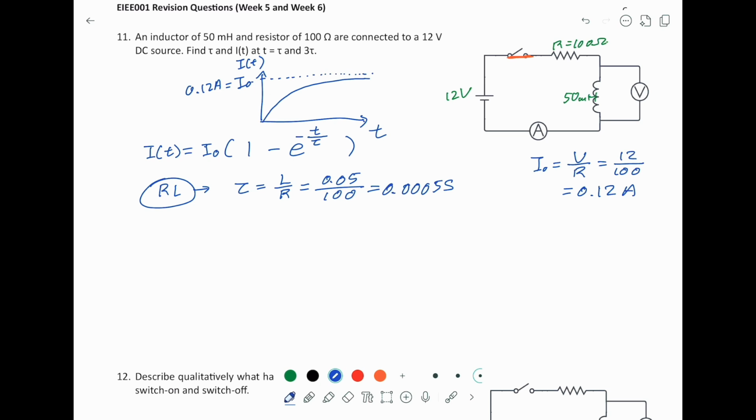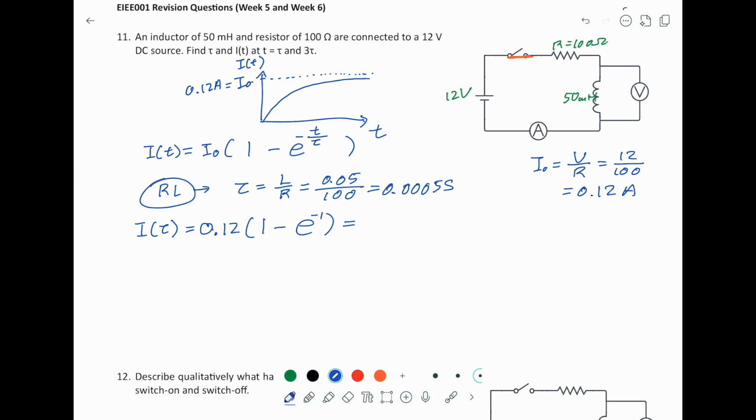Next, what is the current when the time is equal to 1 time constant? This time, instead of RC, it is L over R. So when the time is equal to L over R, it means 1 time constant. The maximum is 0.12, times 1 minus e to the minus 1.